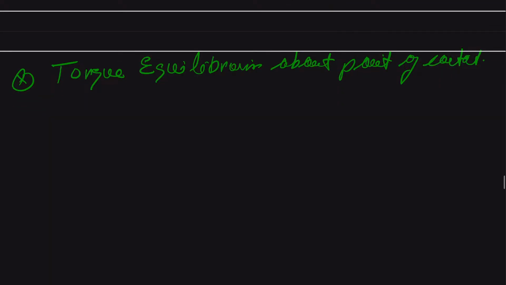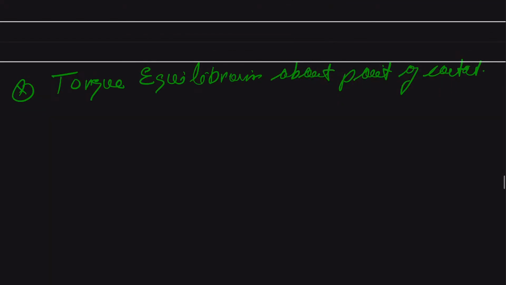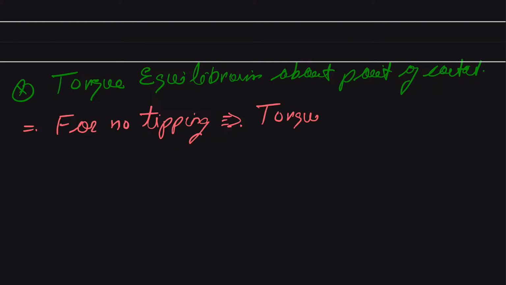So we can say that if there is no tipping, then the torque sum should be equal to 0. So for no tipping, we should have torque sum should be equal to 0.